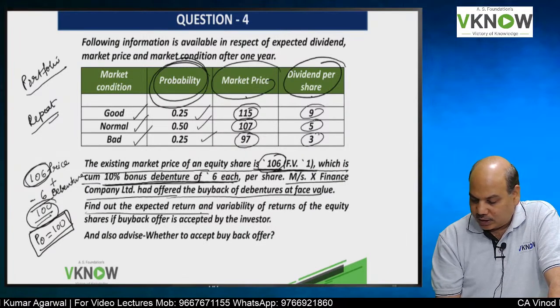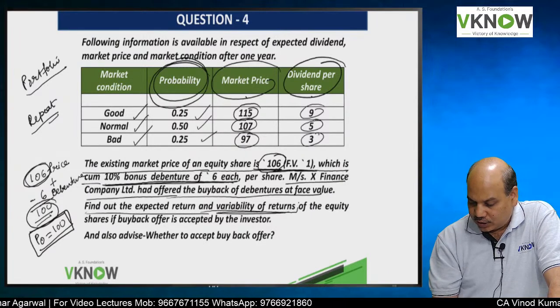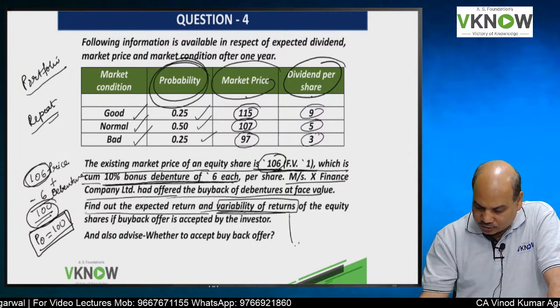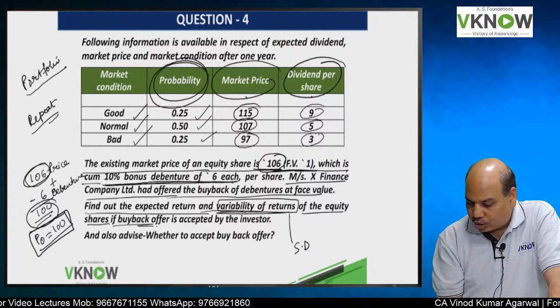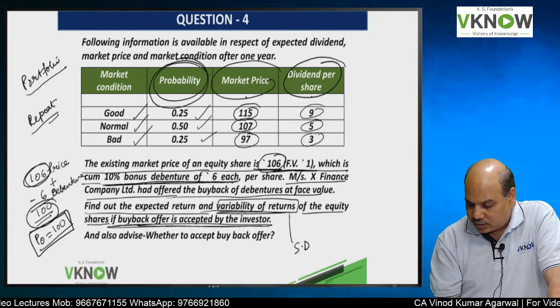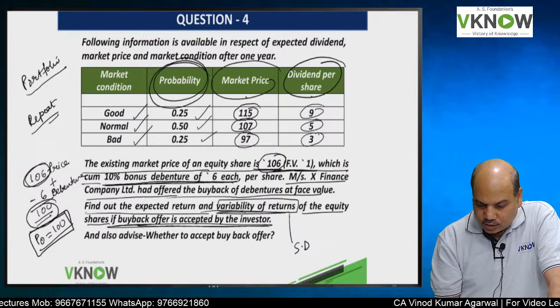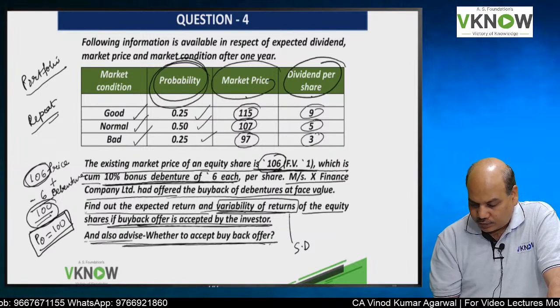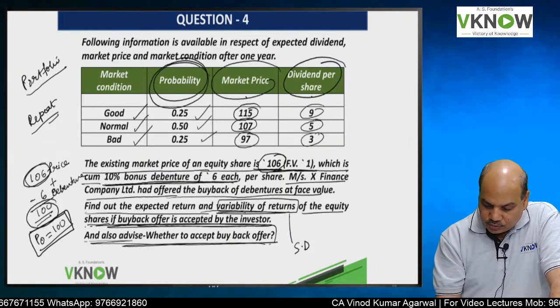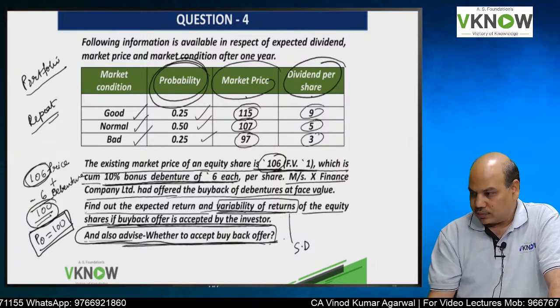Find out the expected return and variability of return. Variability of return is the standard deviation of the equity share if the buyback offer is accepted by the investor. And then they have added one more question: also advise whether to accept the buyback offer. Should you go for the buyback offer or not?